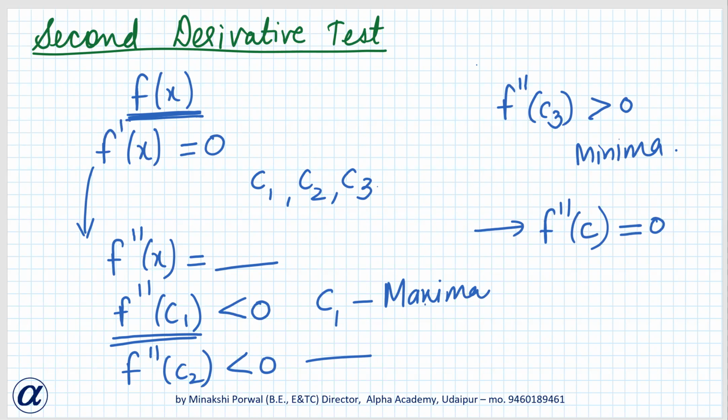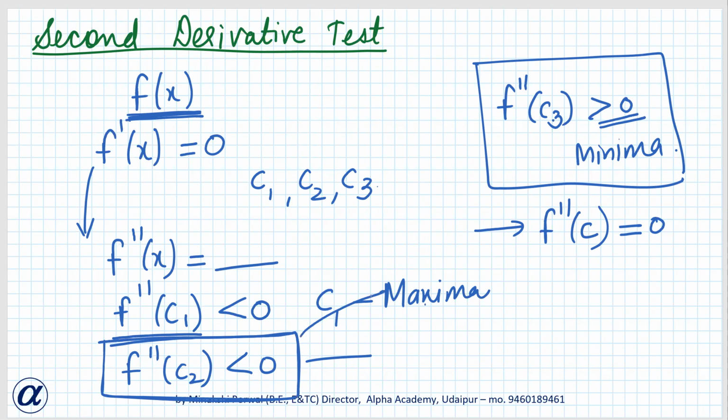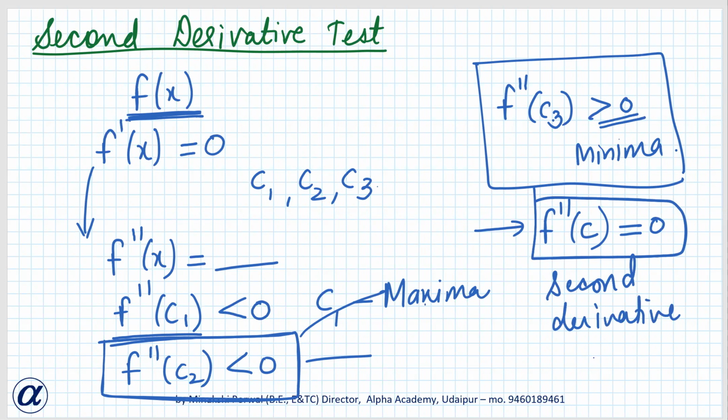In this case, if the value of the second derivative at that particular critical point is greater than 0, it is minima; if less than 0, it is maxima. And if the value is 0, the second derivative test fails. Then we have to use the first derivative test only. If the second fails, we have to do it again with the first. The second derivative test is easier, so we'll do it by the second derivative test, but if it fails, then we will do it by the first derivative.